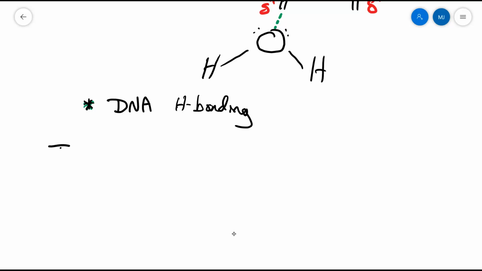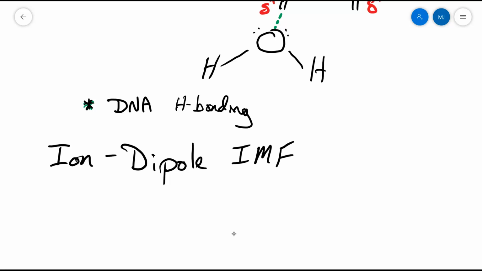This one is the ion-dipole intermolecular force. Remember when we talked about how sodium ions are surrounded by water molecules? Water was polar, and the negative end of water surrounded the cations.